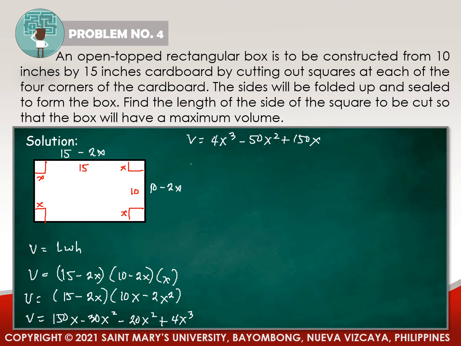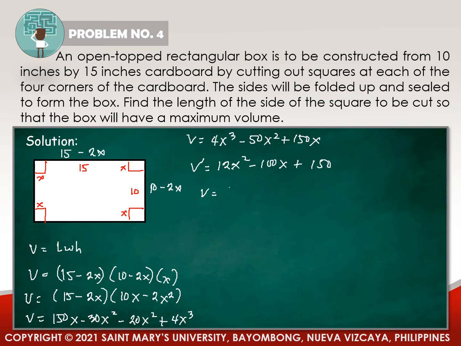Then, we have to find the derivative of this. So, V prime is what? 4x cubed is 12x squared. Then 50x squared is 100x plus 150. Okay, and then by factoring, so para mas mapadali siguro, we can have the common factor. What is the common factor of this? I think we have 150 divided by 2, right?